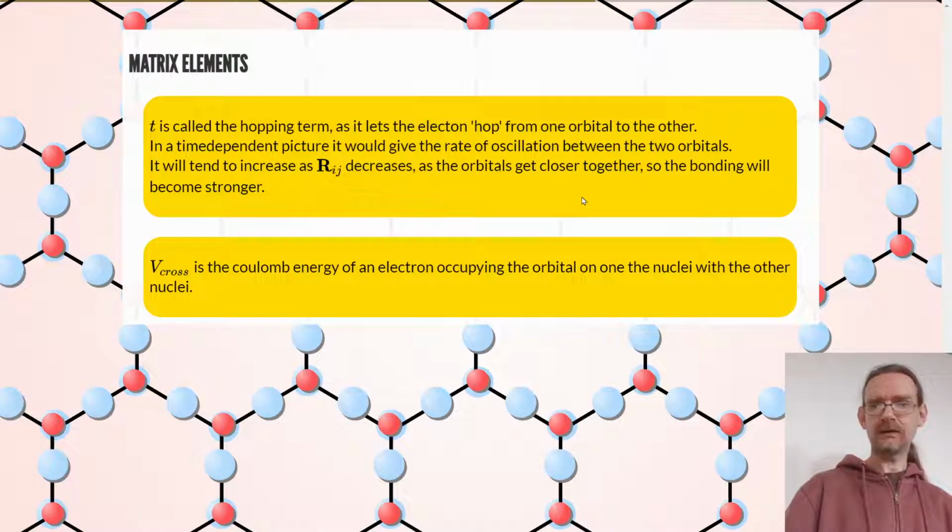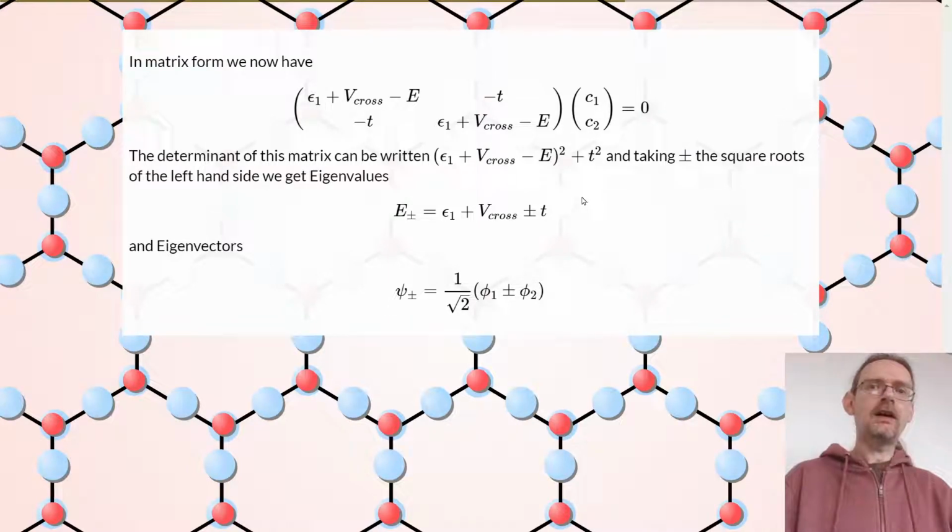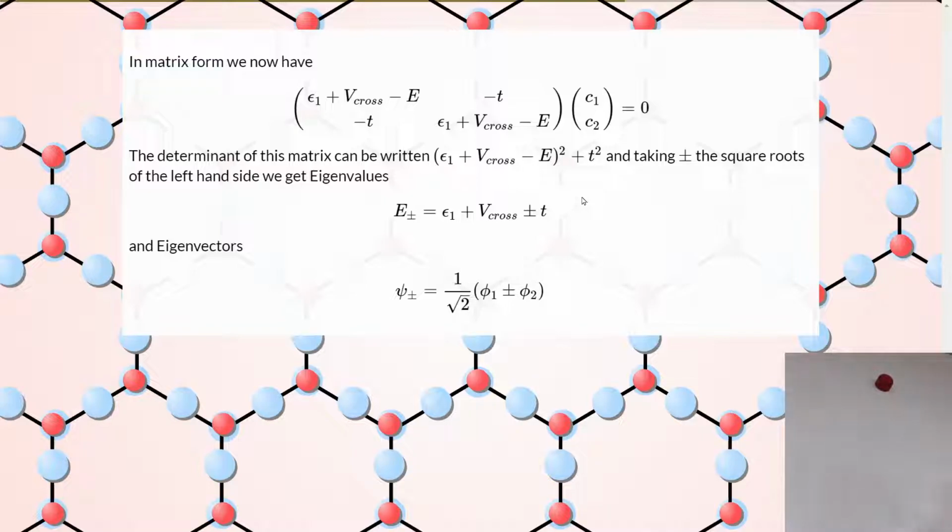So that is our picture. We'll write them out and talk about them a bit more later. But what we get is this matrix equation. H11 at the top is equal to the energy of the atom, epsilon 1, the energy of the electron on atom 1, plus this V cross term, the interaction with the other nucleus. The off-diagonal term is a strange hopping element.